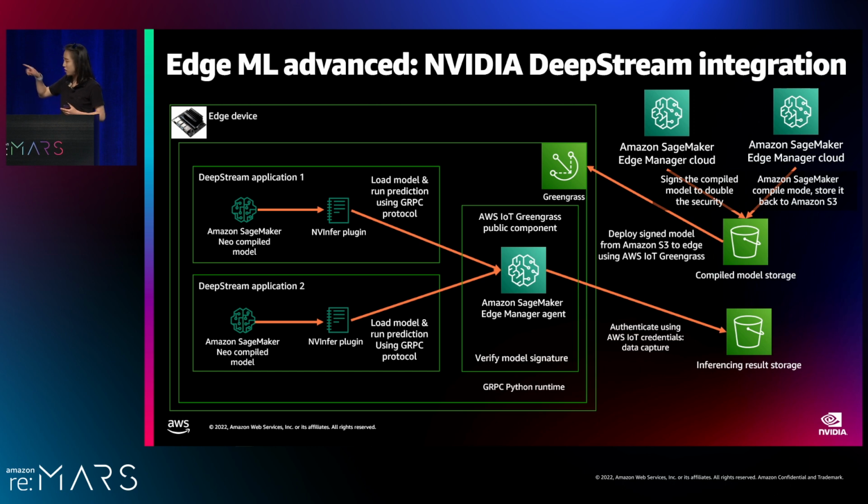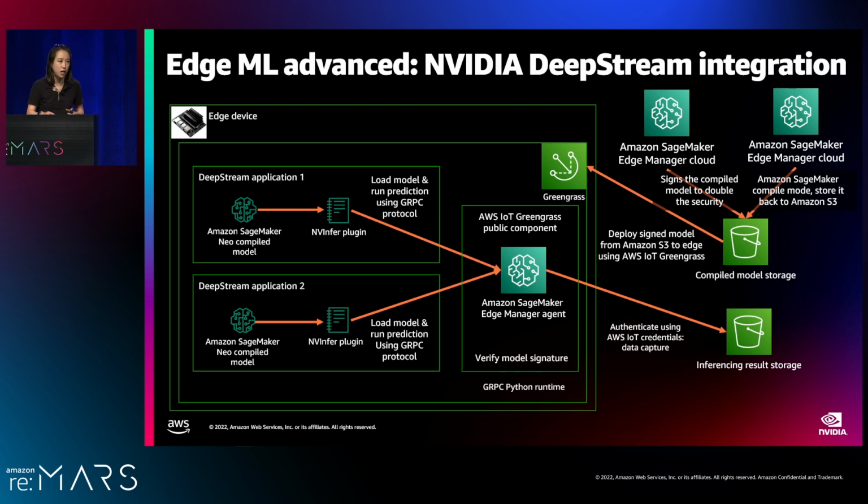You can see that orange line in between, so that's talking in gRPC. You store your tensor in the unified memory in your Jetson module, and you pass that memory pointer through the gRPC protocol to Edge Manager, and Edge Manager, after running the inference, is going to put the inferencing output back in your memory, and your DeepStream application continues from there.